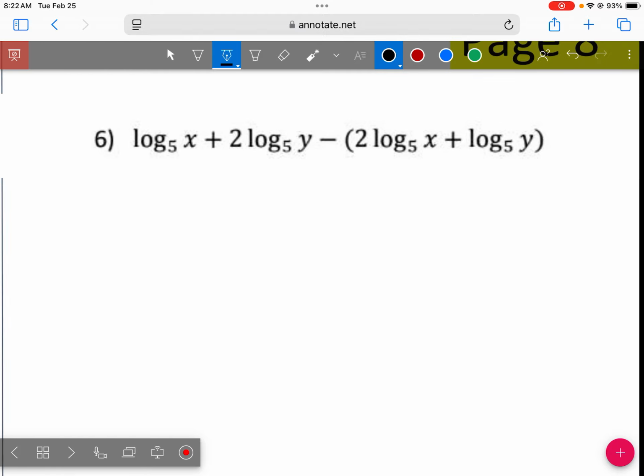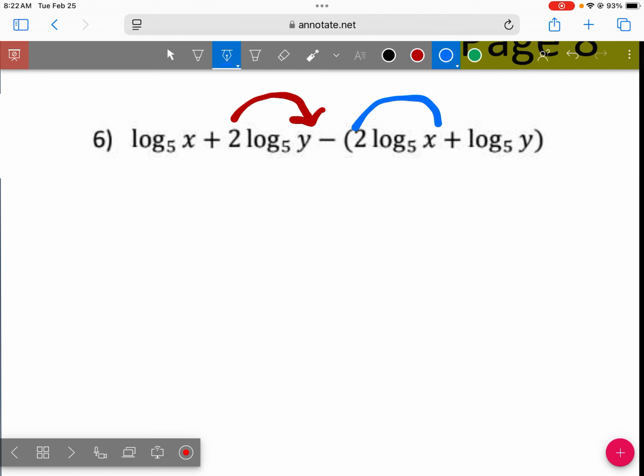Again, stick with the steps. Numbers in front of the log. So this 2 gets moved, and this 2 gets moved. Don't jump ahead in the process.